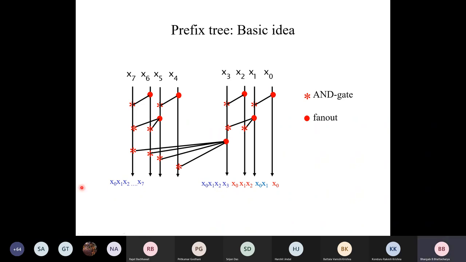And recursively you can build. Now, if I have 16 variables, I can repeat this whole thing, keep on doing this, fan out and so on. So please tell me, if I have n variables at the input, what is the cost, delay, and maximum fan out?